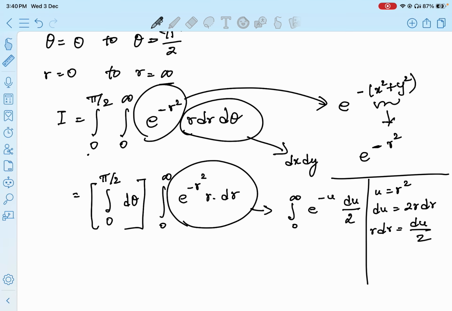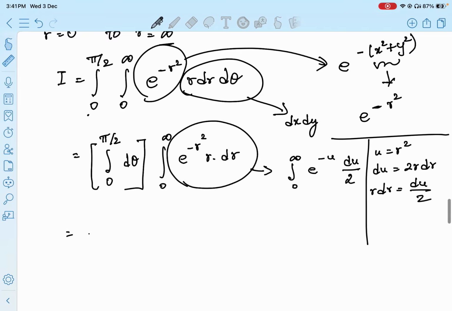So u is r squared, du equals 2r dr, and r dr equals du by 2. Now we integrate. There is no theta in the first integral, so it will become theta, from 0 to pi by 2.